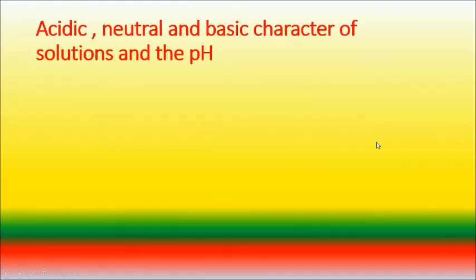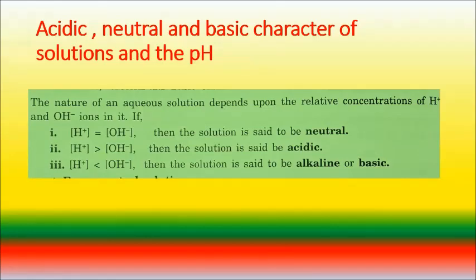Now let's see the acidic, neutral and basic character of solutions along with the pH. The nature of an aqueous solution depends upon the concentration of H plus as well as OH minus ions. Now let's see the three conditions. If the molar concentration of H plus ion is equal to the molar concentration of OH minus ion, it is a neutral solution.